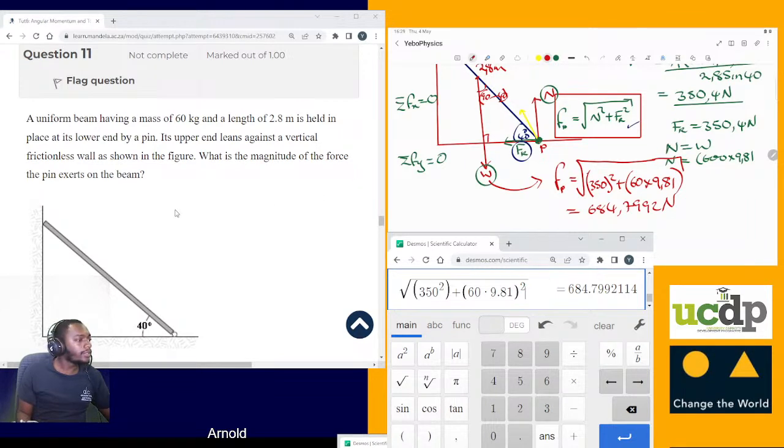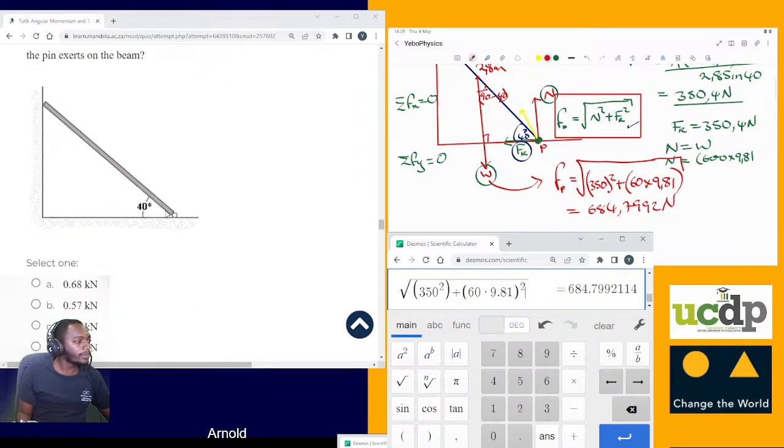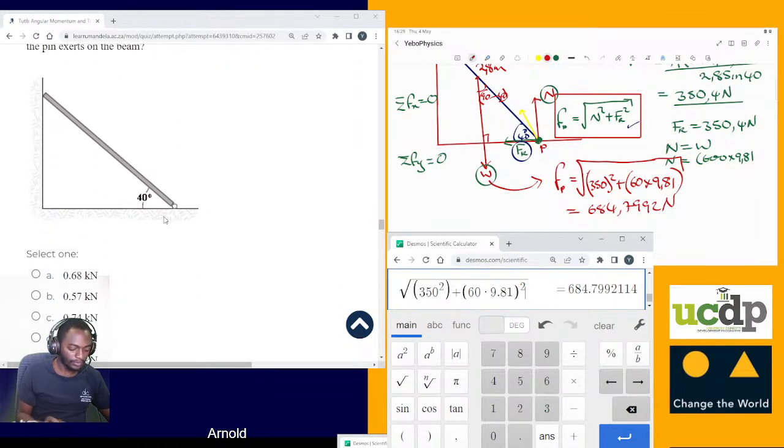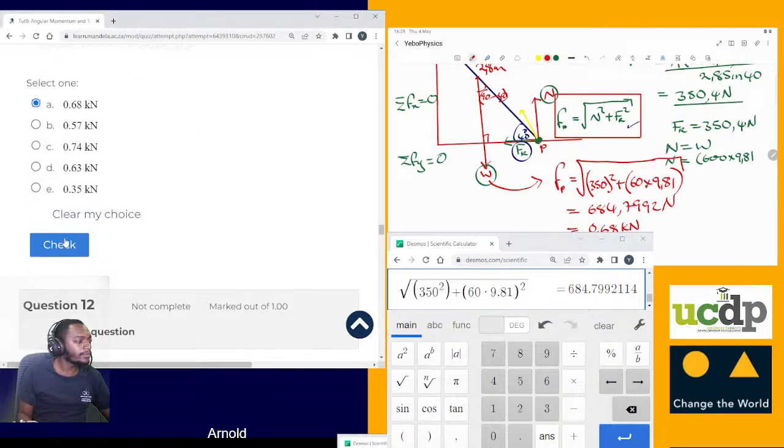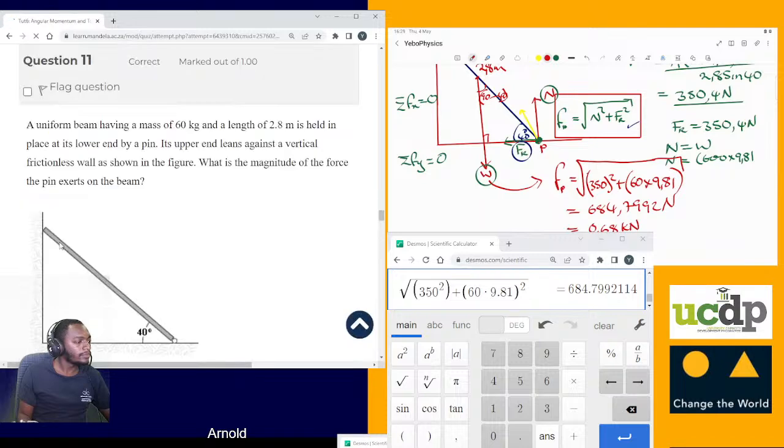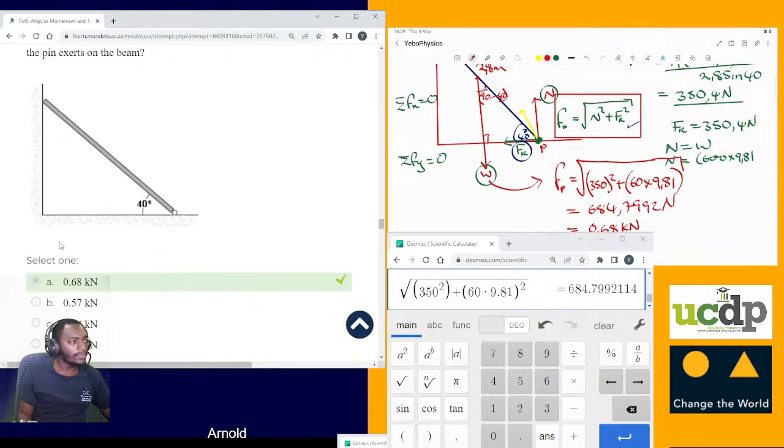Okay, 0.68 kilo. So this is the same as 0.68 kilonewtons, which is what is expected of us. So basically that is how we're supposed to solve that problem.